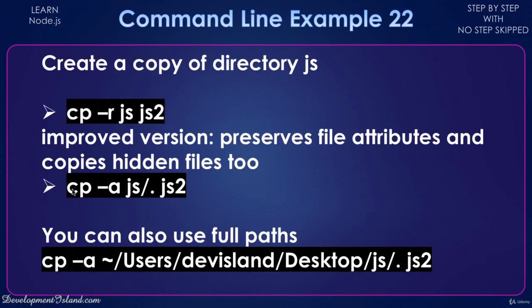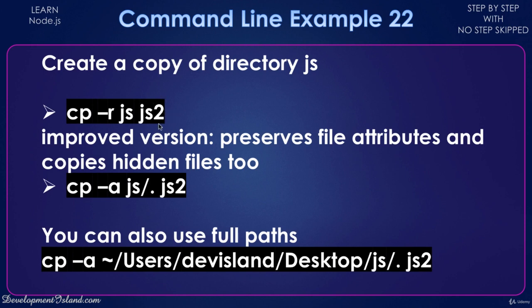Now you can also create a copy of a directory. So to do that, you use the copy command with the R option. So this will copy the directory with everything inside it. So that's the original directory and that's the new directory.